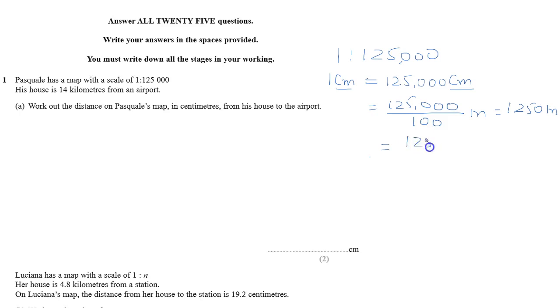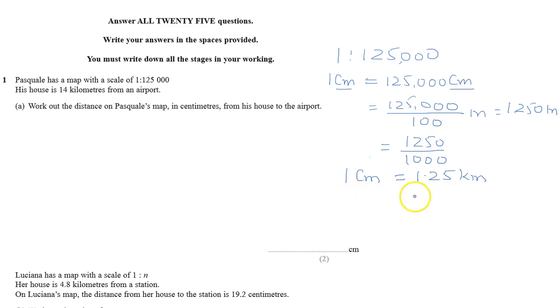So 1,250 divided by 1,000. So 1 centimeter is representing 1.25 kilometers.